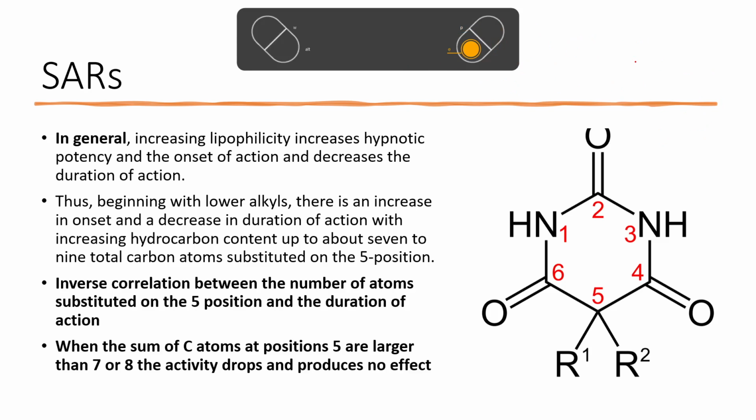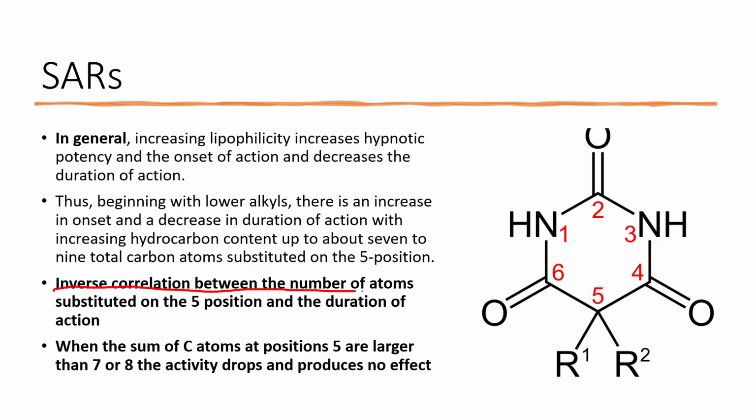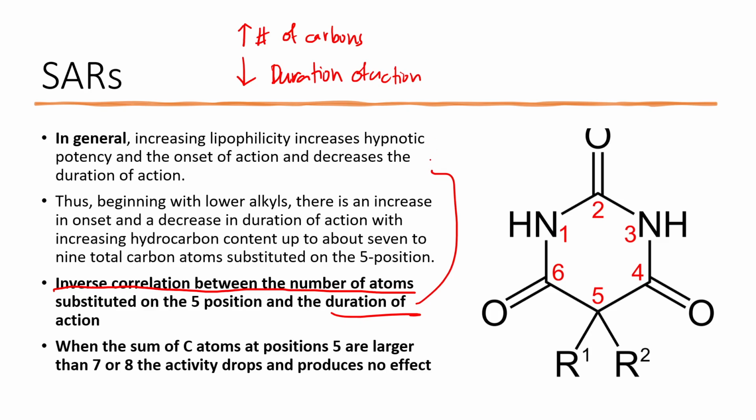Okay, and there is an inverse correlation between the number of carbons and the duration of action. So the higher the number of carbon atoms, the shorter its duration of action. This is actually a corollary to this one.